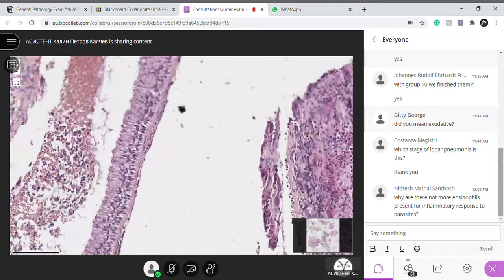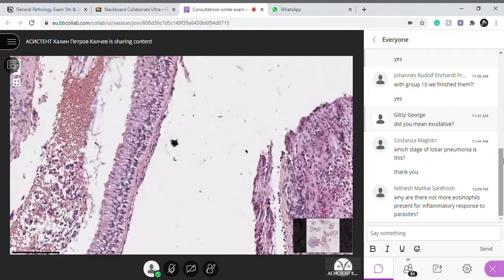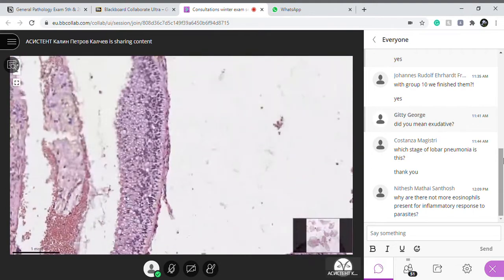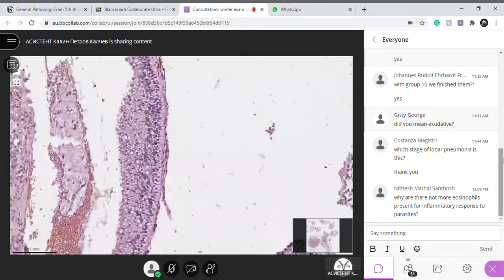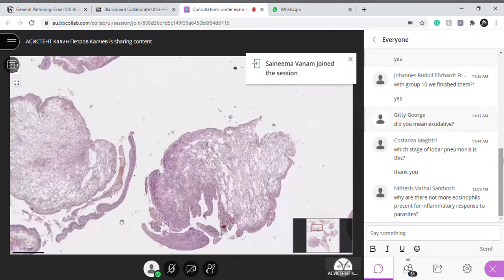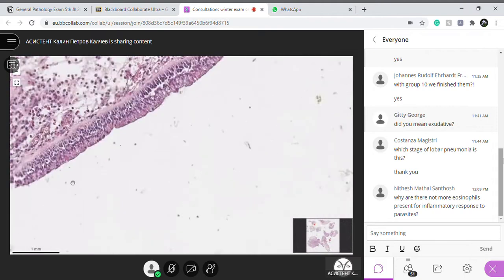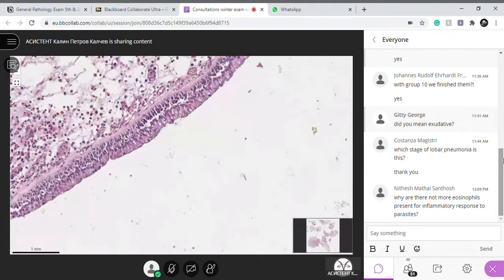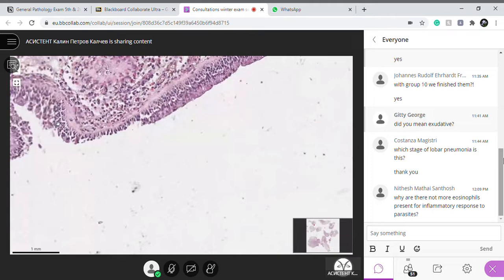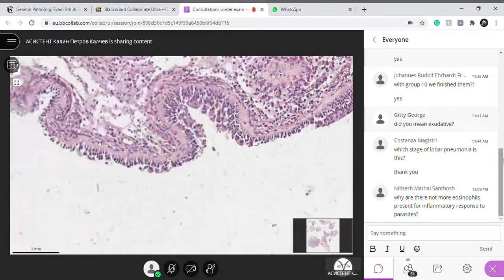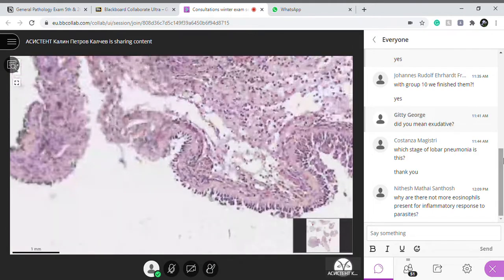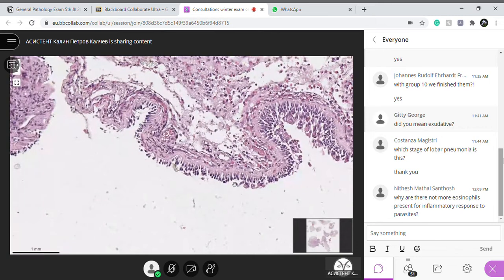Just the cilia on the top are not very well visible, but maybe here. Okay, here it is clearly visible that it is a columnar epithelium.